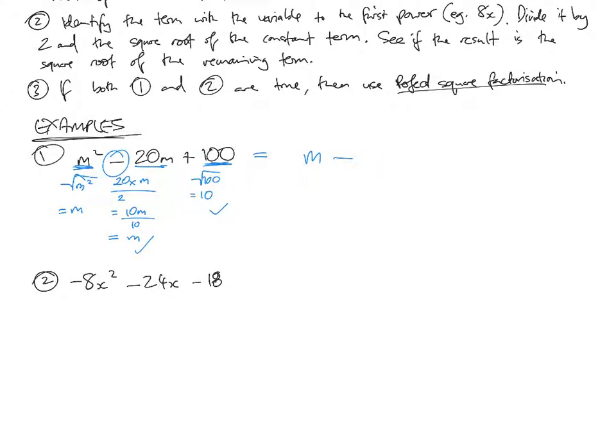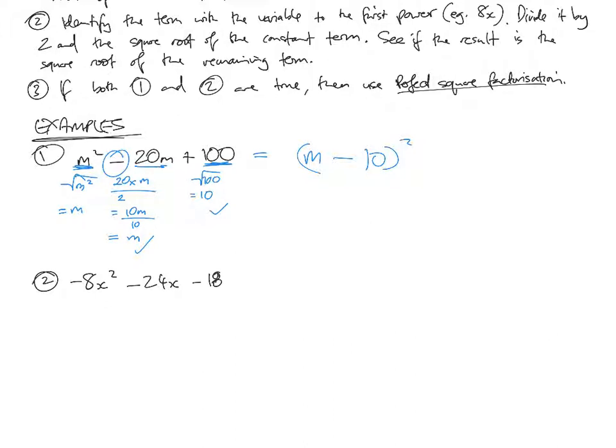So (m minus 10) squared. Okay, so we've got to the factorization straight away just using the perfect squares factorization.